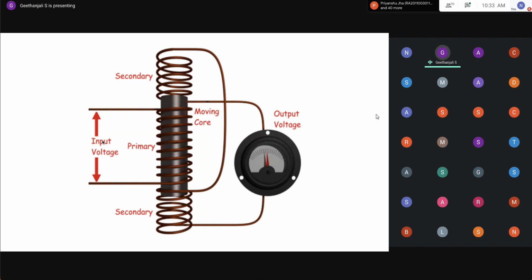The secondary of the LVDT is connected to the voltmeter. The voltage difference between the two secondary coils is measured by using one voltmeter here. So this displacement in the primary side is converted to a voltage, measured by using the voltmeter.